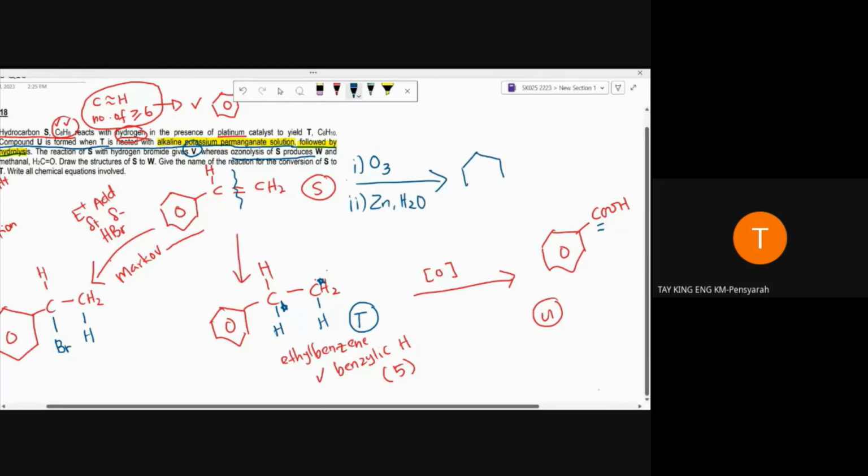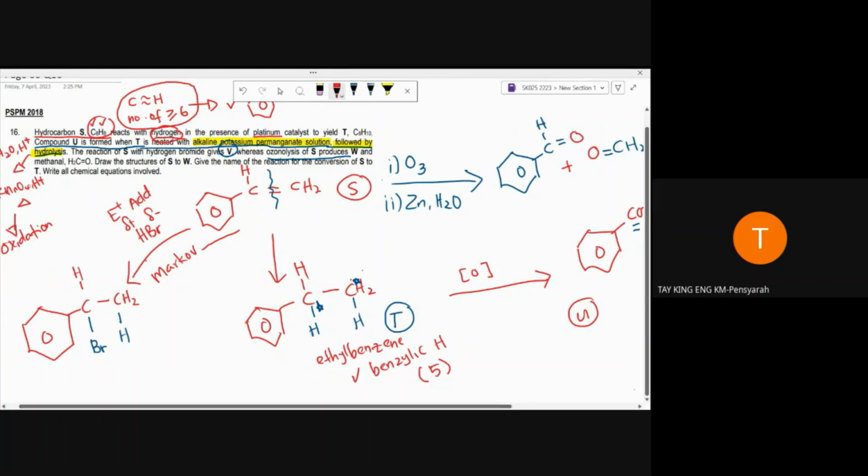Okay. Lepas tu kita akan dapat double bond hydrogen. Okay, ozonolysis sangat simple. Tak payah kira, no need to consider the number of hydrogen. Just place O dekat double bond sahaja. So satu lagi CH2 double bond. So same case as well. Just put the O at the double bond. Okay, so ozonolysis of S akan produce W dan metana.